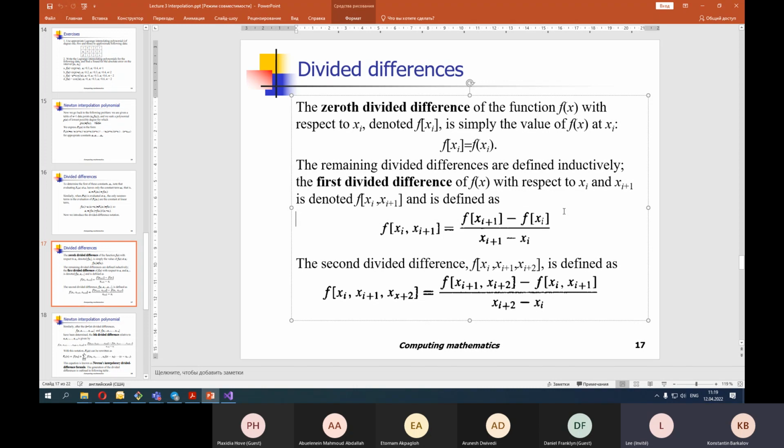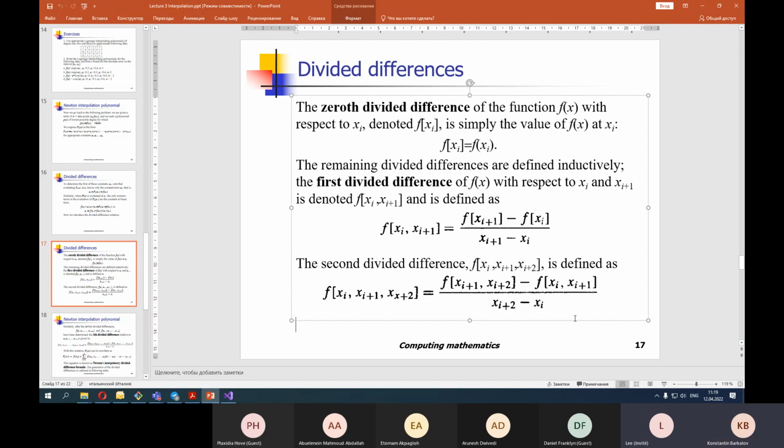The second divided difference, that can be denoted as f[xi, xi plus 1, xi plus 2], is defined as the difference of two previous divided differences, of first divided differences, f[xi plus 1, xi plus 2] minus f[xi, xi plus 1], over the difference of x's, xi plus 2 minus xi, and so on.